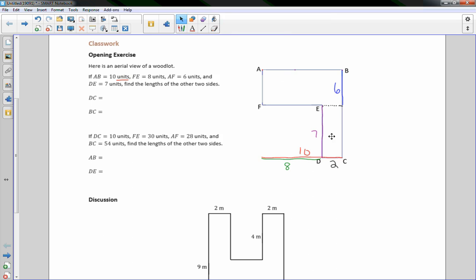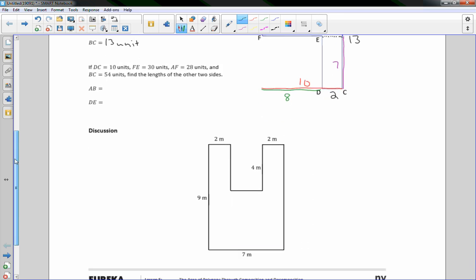And then if I take ED and slide it over to here, this piece is 6, this piece is 7, and it equals the total. And so therefore the total is 6 plus 7, or 13. So BC is 13 units, and now I'm going to pay attention to my unit of measurement, and DC is 2 units. Okay, so that's how you do a problem like that.